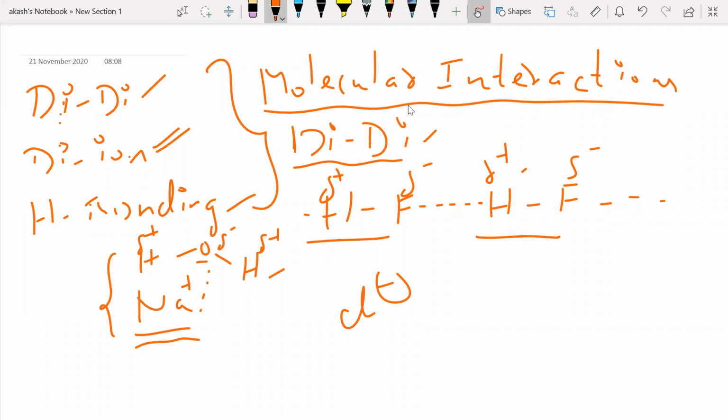If you want to make a solution, the solute will be completely different, the solvent will be entirely different. Obviously the solute interactions will be there, and solvent interactions will be there. Now when you make a solution, I will have solute-solvent interactions.